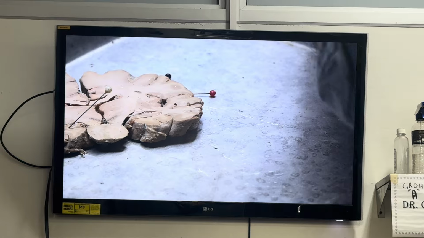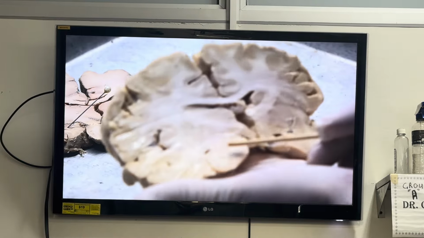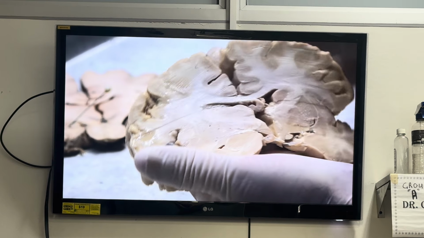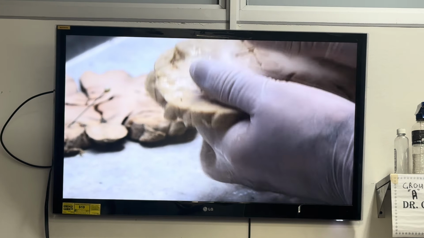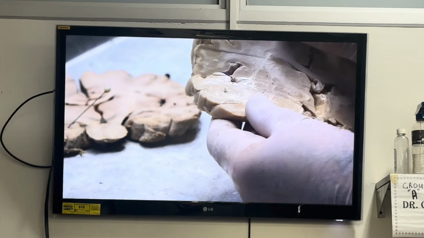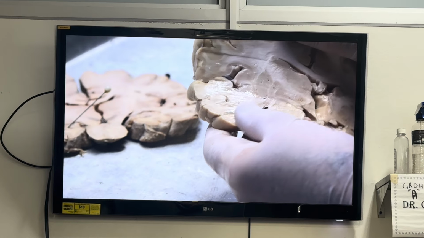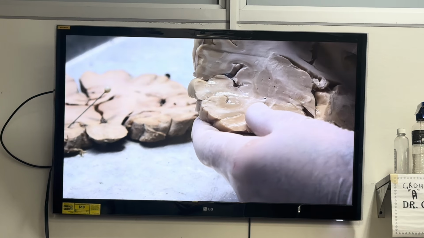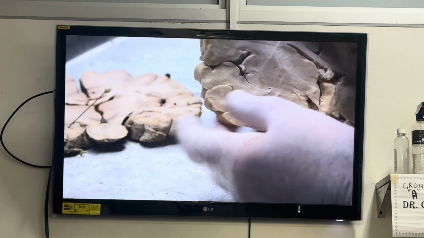And what would be this structure, speaking about the amygdala, which would be related to which structure of today? The amygdala is related to which structure? Yes, the stria terminalis.